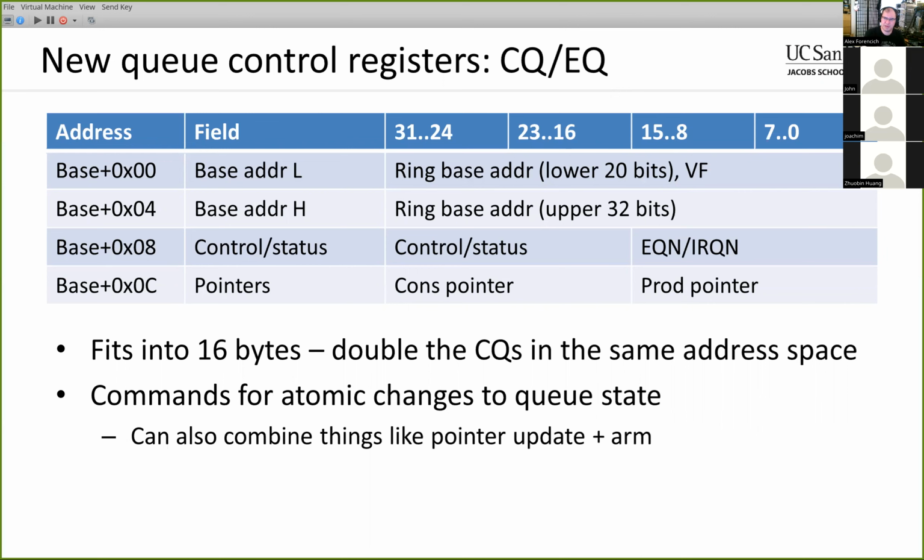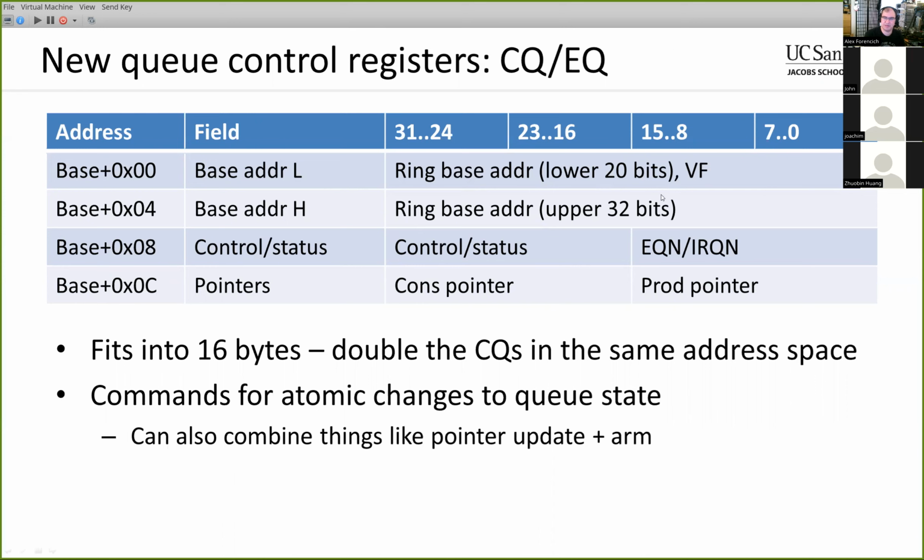The other change that I'm making as well is I'm knocking off the lower 12 bits of the address field, such that we have space for a VF ID number. So right now the VFID number is not implemented, but that's going to be a to-do once we start looking at getting SRIOV operational down the road. So that means all the rings have to be 4K aligned, which I think is reasonable.